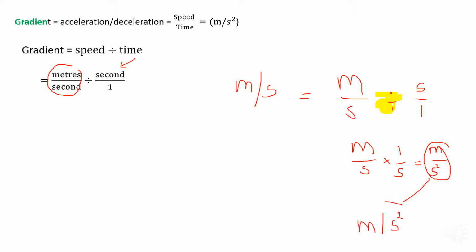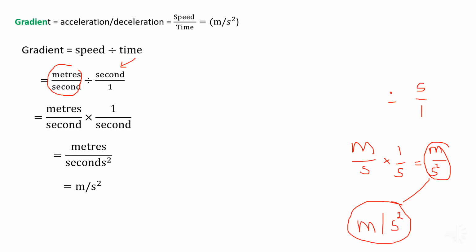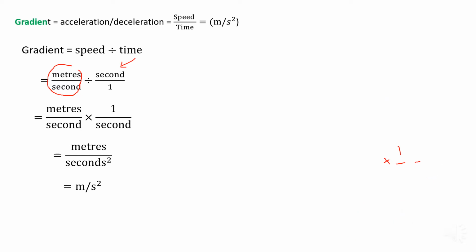That is just another way of writing it. I'm showing this so you do not get confused as to where the meters per second squared is coming from. It's very important that you remember that the unit for the gradient, or the acceleration or the deceleration, is meters per second squared.